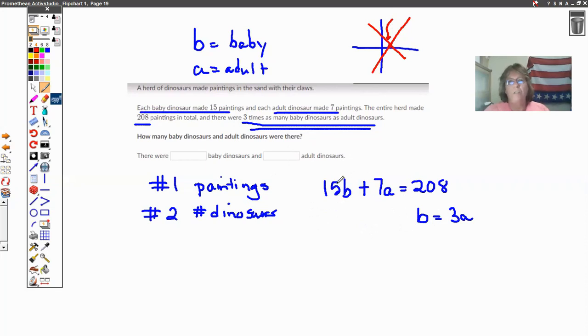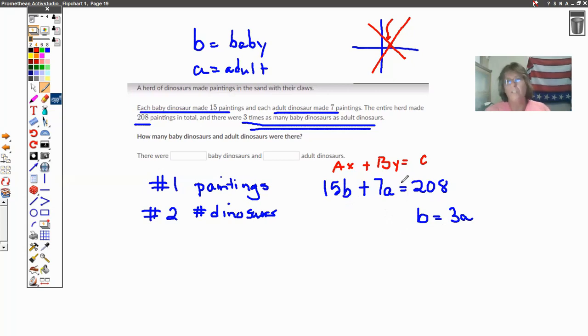The next way is elimination, where you figure out how to eliminate the A or the B. To do that, you have to have it in standard form, AX plus BY equals C. This one is, but this one isn't. So you could do that, or you could do it by substitution.